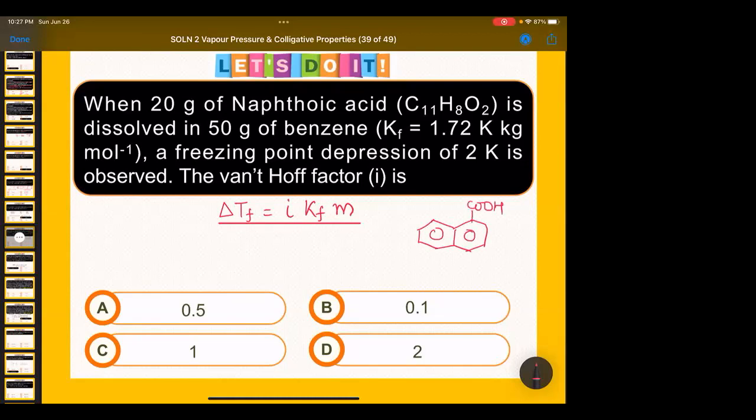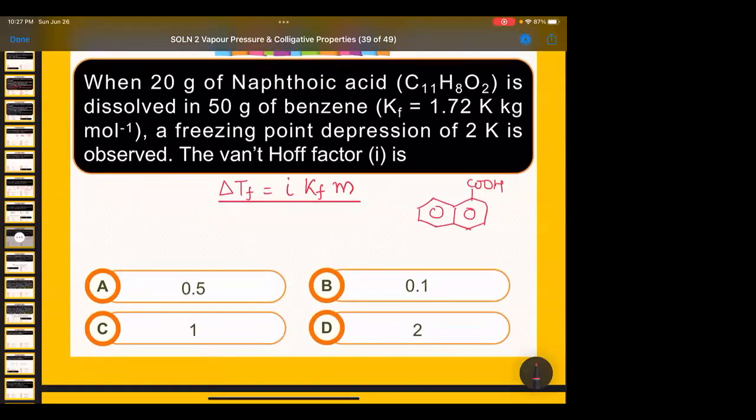You don't need to know the structure, I'm just writing. So what is the molar mass? 11 into 12, 132, plus 8, plus 32, 164 plus 8. That is 172, the molar mass.